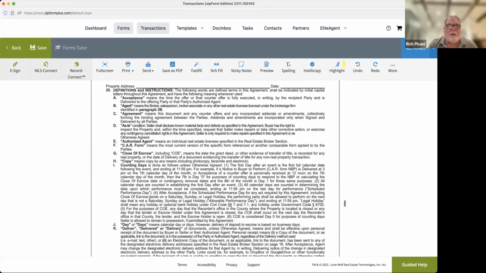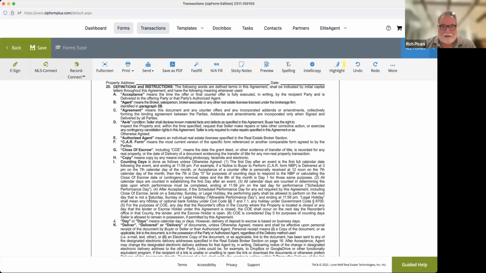So I do want to go to counting days. Because this is the first day after the event, the full calendar date following the event, ending at 11:59.